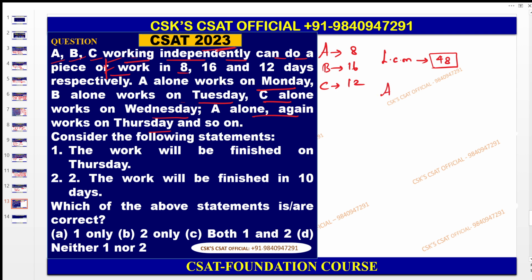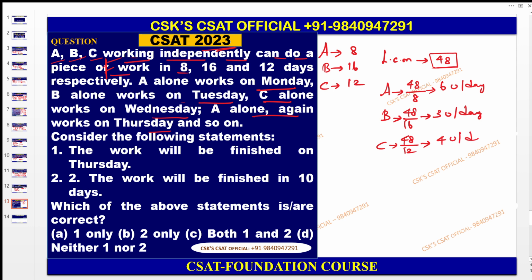So A can do 6 units per day, B can do 3 units per day, and C can do 4 units per day.